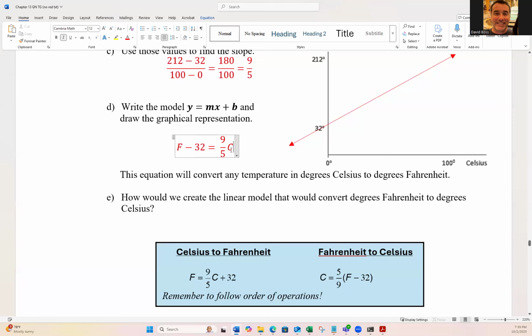And then we want to solve for C. So now we have times 5/9. And gets rid of this. So that's how this equation came from the other equation, 5/9 times f minus 32.